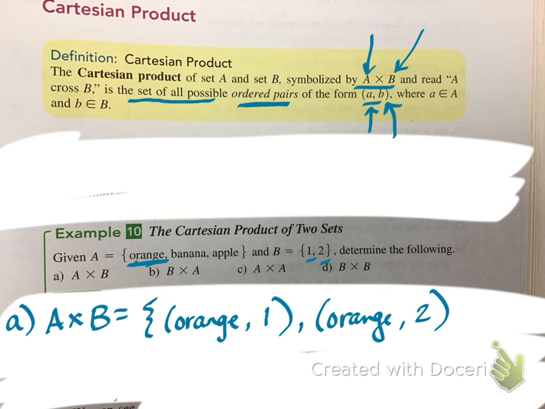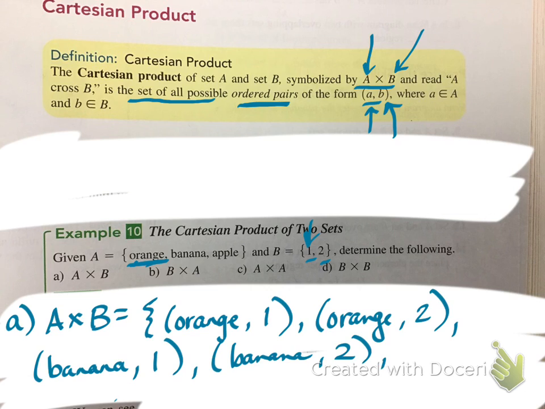Now we're done with orange. So our next ordered pairs will be banana and the first element of B, and banana and the second element of B. Done with banana. So last we'll have apple, 1 and apple, 2.